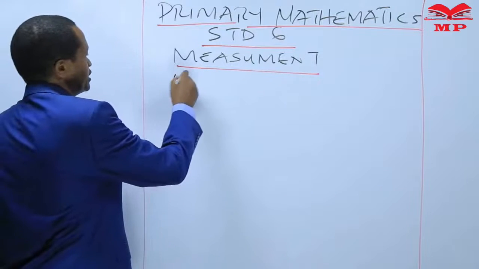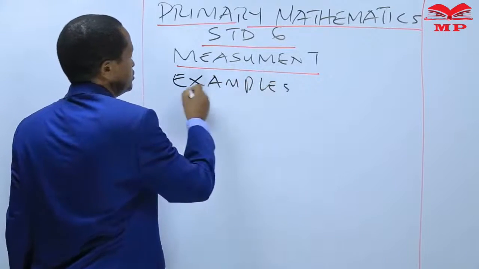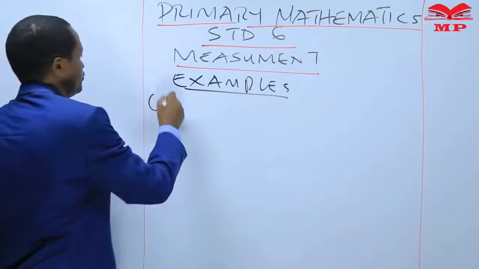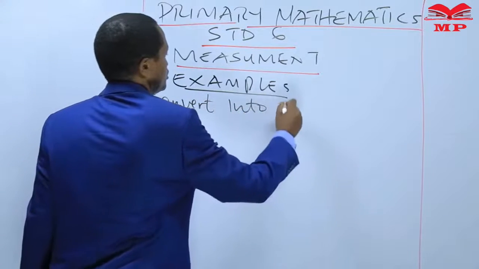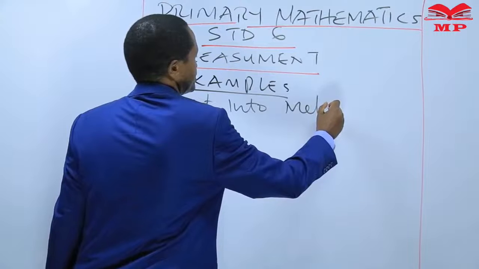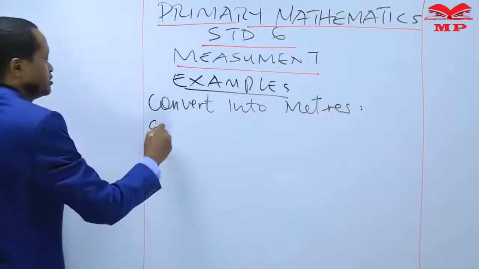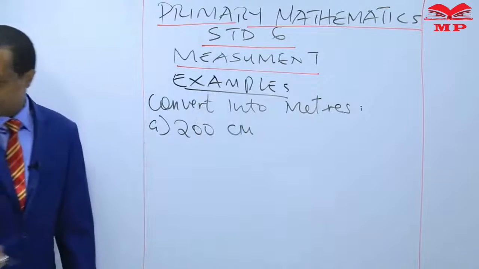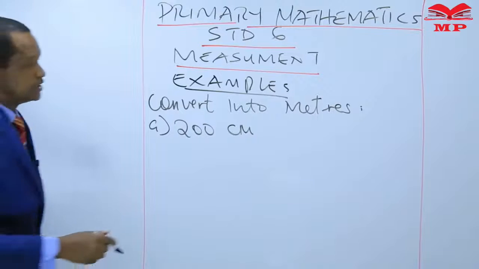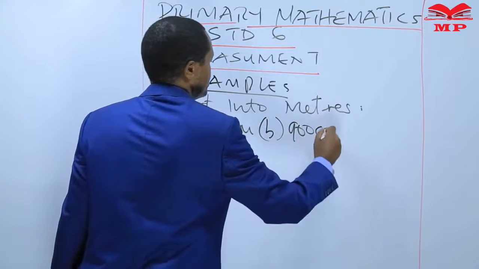This is examples. Convert into meters. A, 200 centimeters. B, 900 centimeters.